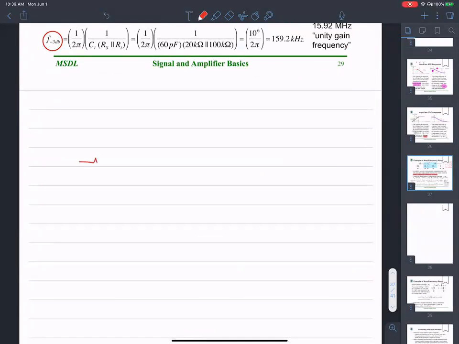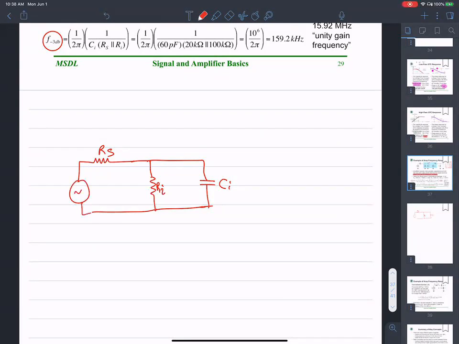I have a resistance Rs, and another resistance Ri in parallel with the capacitance Ci. And then there is a voltage source Vs. Now you are interested in finding the R and C at this node so that you can calculate 1 over R times C to give you omega 3 dB.